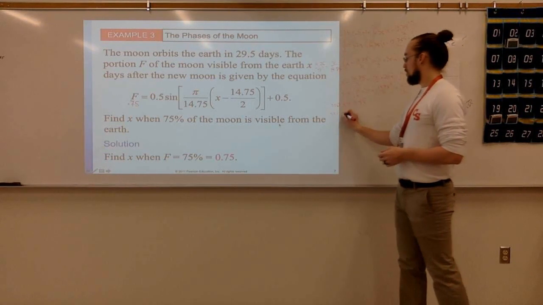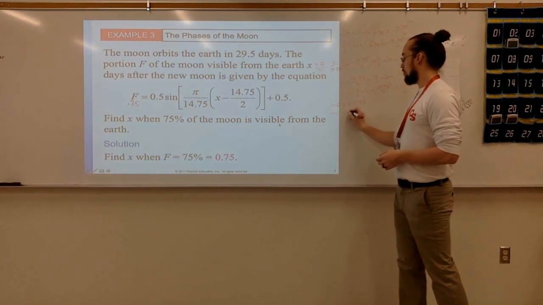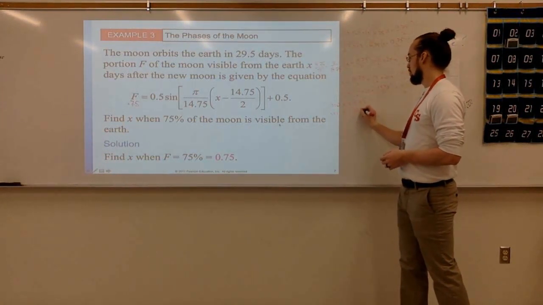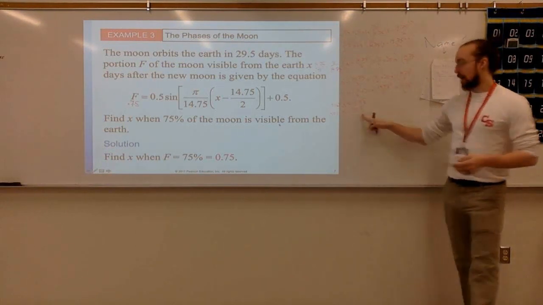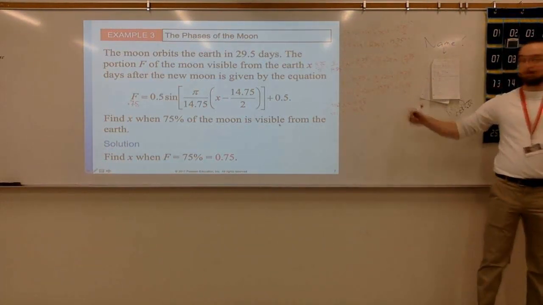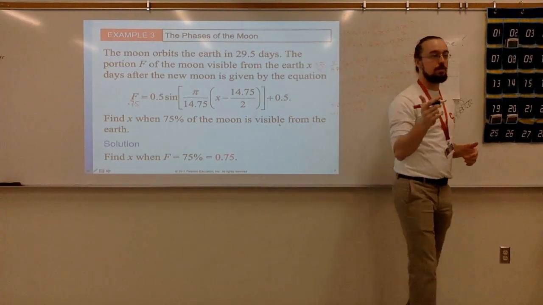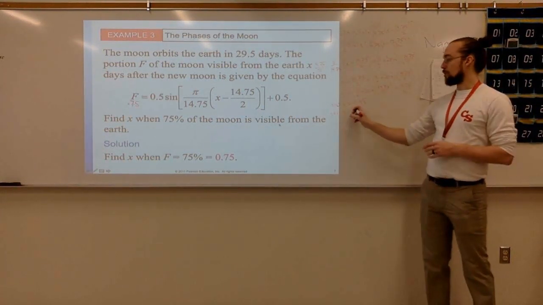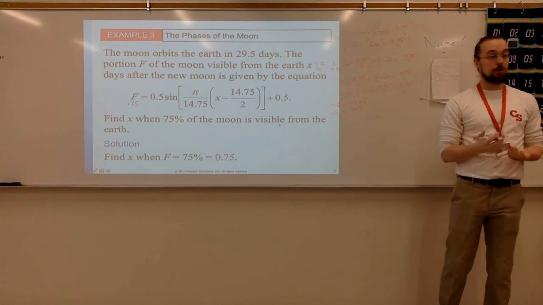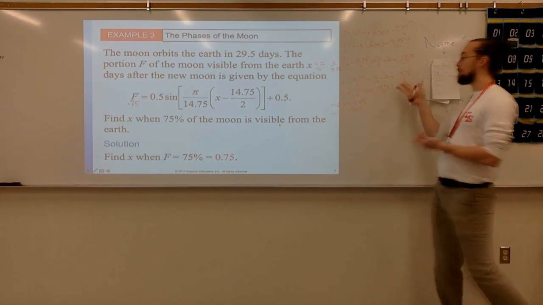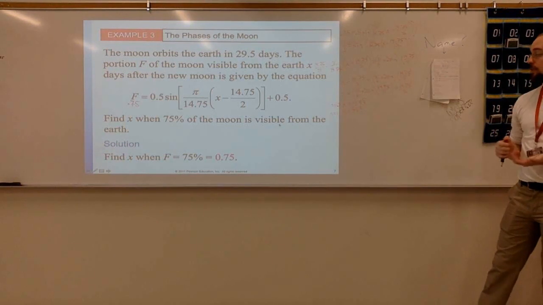So for n equals 1, that is outside of our range, because the problem says the moon orbits the Earth in 29.5 days. So this wouldn't be a legit answer. We only get one answer out of that first part of the problem.